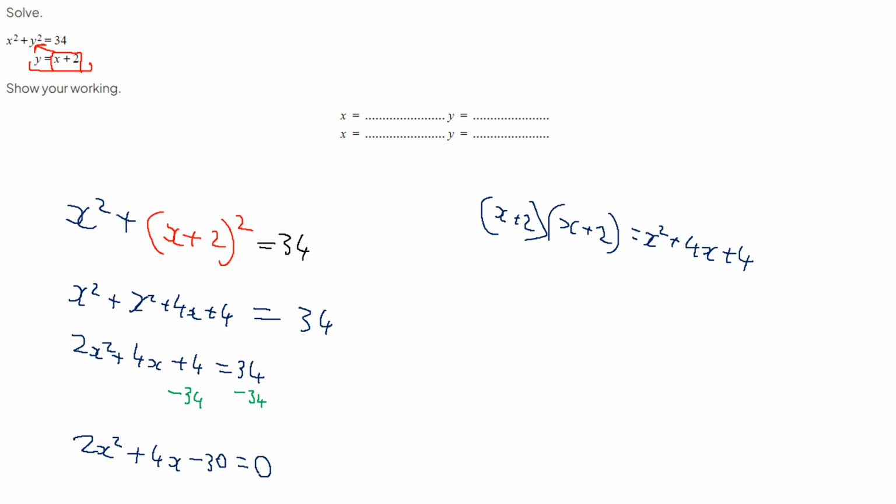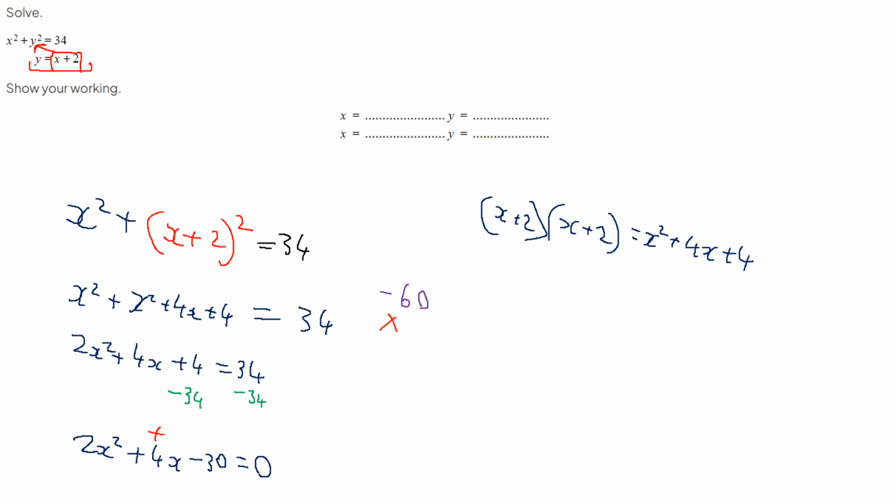Now, how do we factorize this type of equation? Well, let's multiply 2 and minus 30, which is minus 60. So now let's think of two numbers that add to make plus 4, but multiply to make minus 60.